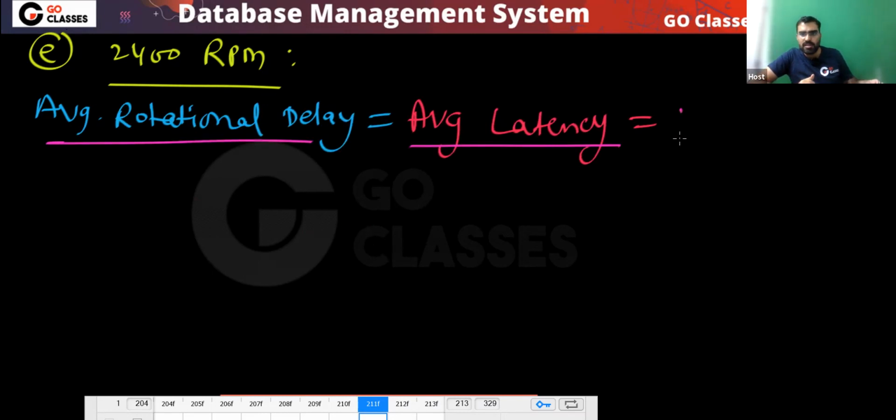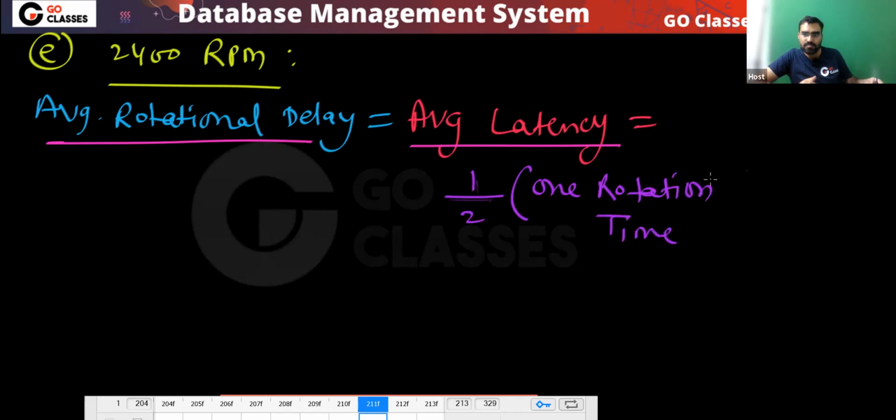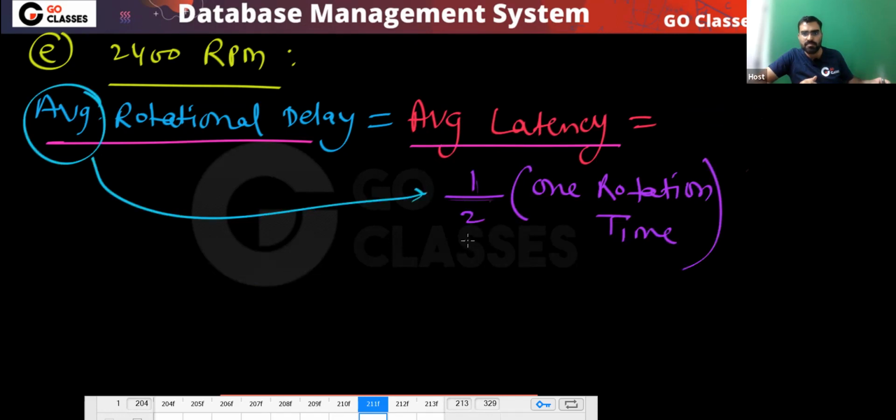And this is half of one rotation time. So the answer is half of one rotation time, because on average you will do half a rotation.